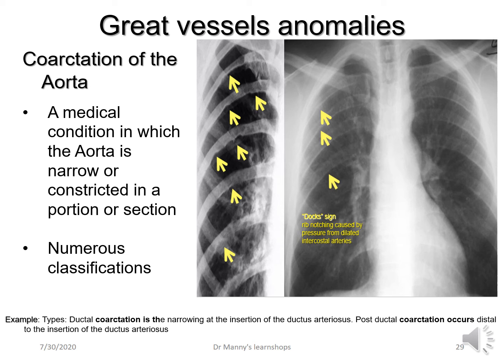If you look at the chest X-ray, at the posterior ribs, you can see little notches indicated by the arrows, which is where the intercostal arteries have been putting pressure on the ribs and wearing them away. Look, there's a danger as well here that the arteries could erode and cause catastrophic bleeding. Dock's sign.